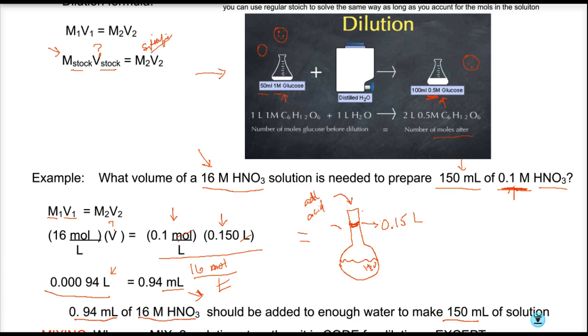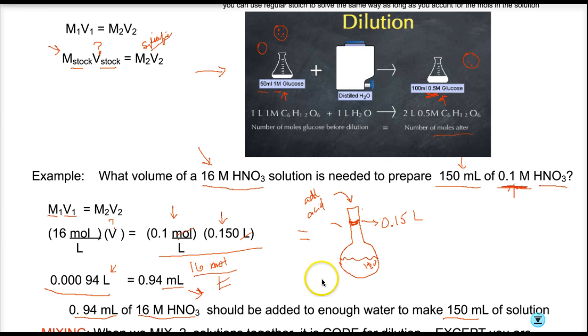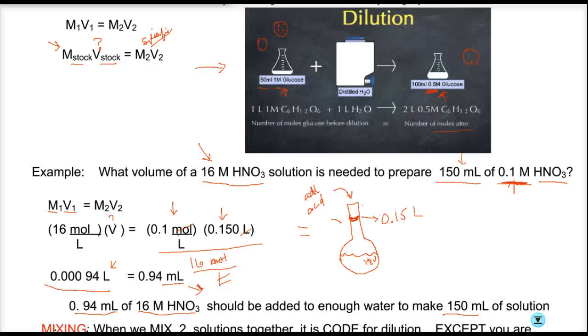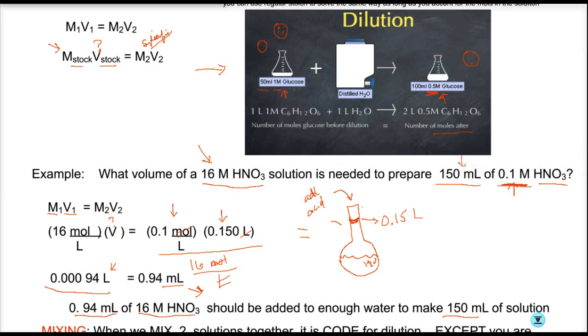Now we can undo that and figure out how many moles of a substance, because that's what you were asked for today. For the most part, you were given molarities and volumes, and you were asked for the molarity, or you had to know the number of moles that you were putting into some reaction. So you can use this formula.